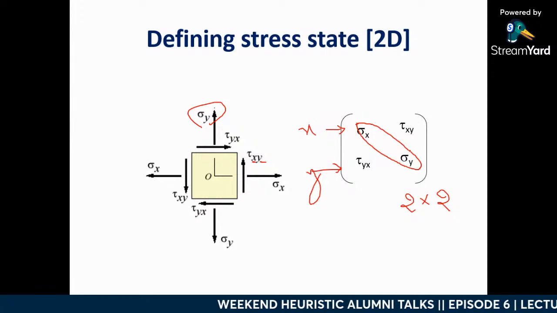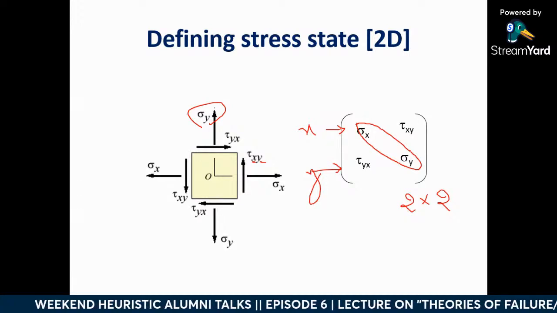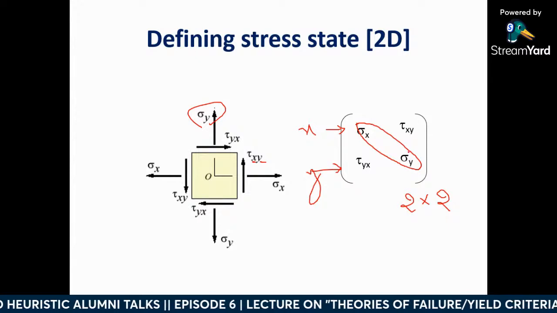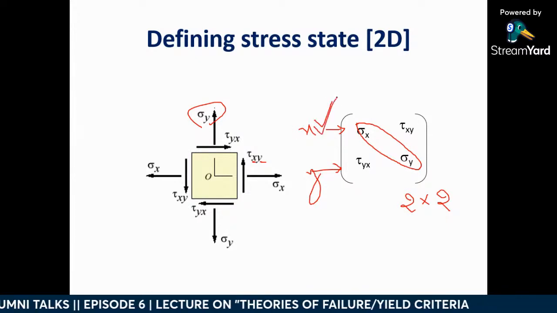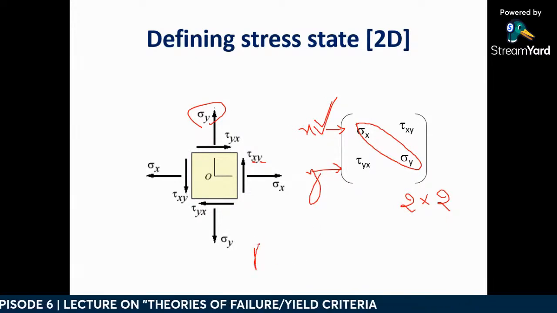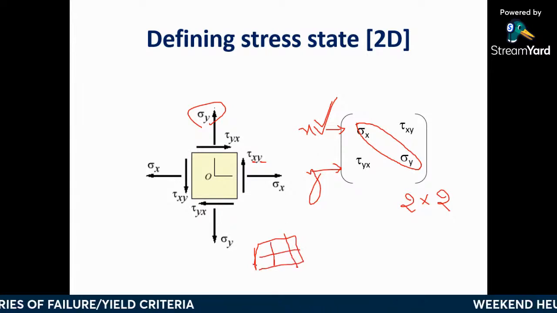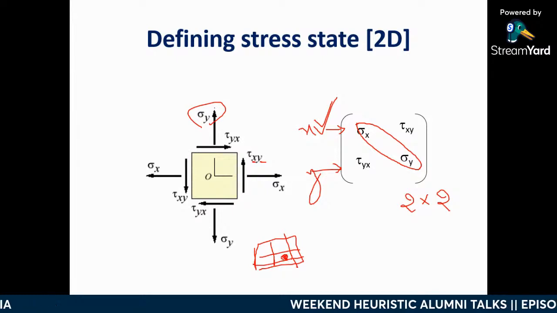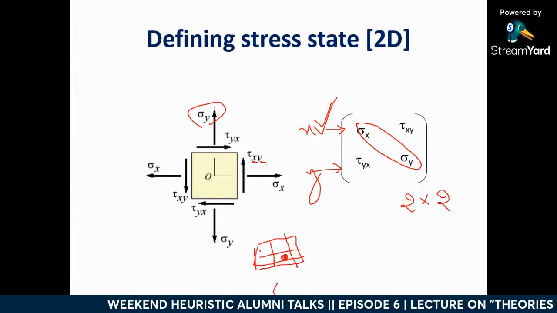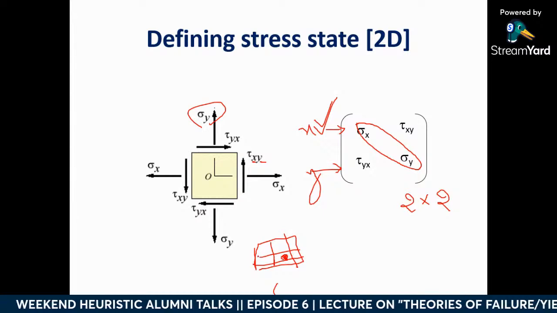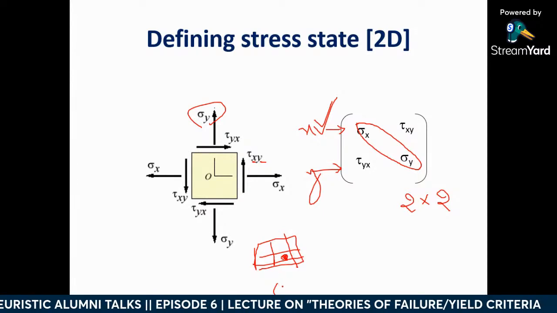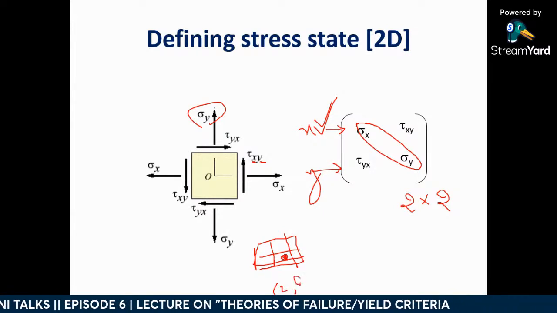If you want to convey what the stress situation is at a particular point, you need to give this matrix. Similar to this, if you place an object in an almirah, what details do you give for others to understand the location of the object? You say at what row it is located, first row, second row, and second column, right?